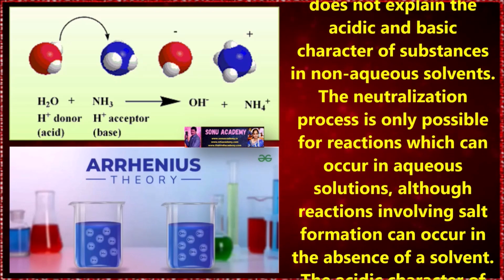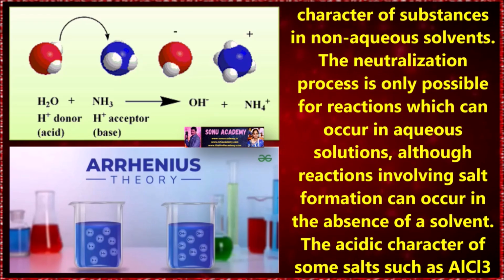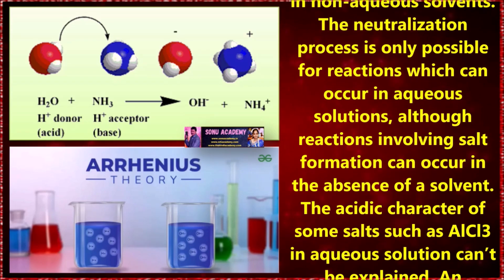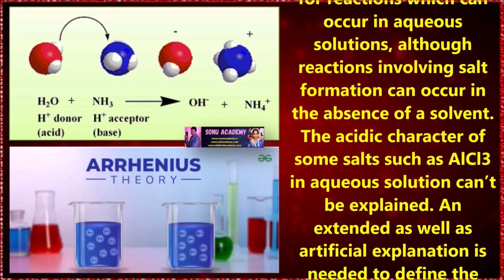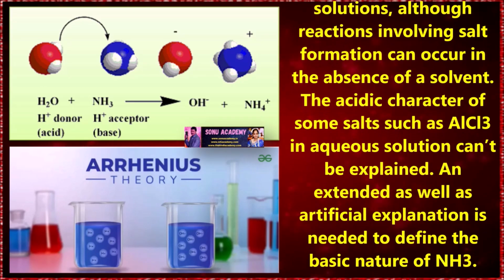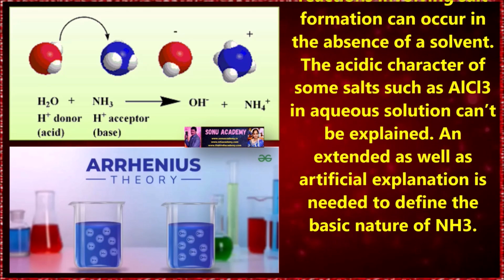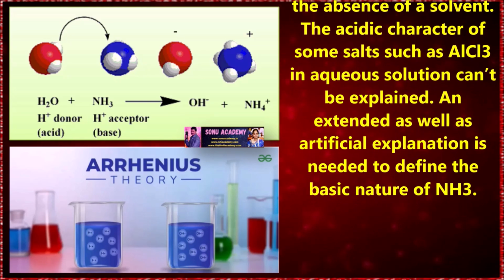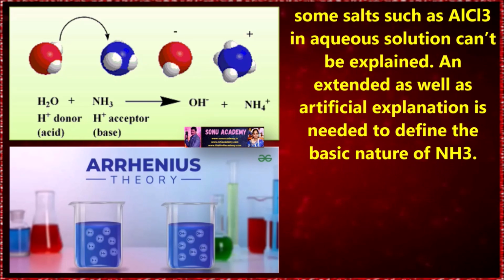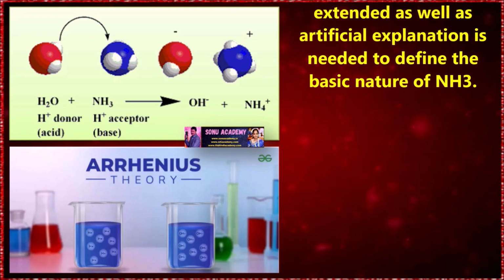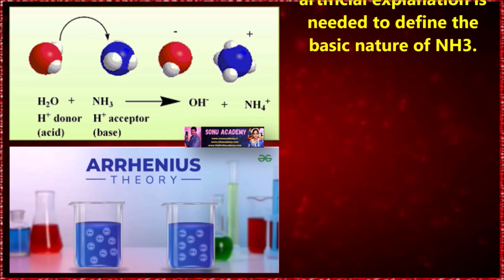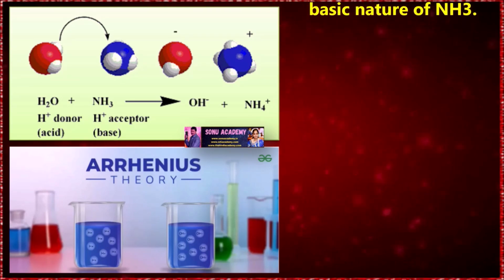The neutralization process is only possible for reactions which occur in an aqueous solution. Although reactions involving salt formation can occur in the absence of a solvent, the acidic character of some salts such as AlCl3 in aqueous solution cannot be explained. An extended as well as artificial explanation is needed to define the basic nature of NH3.